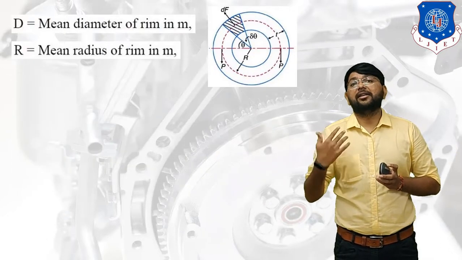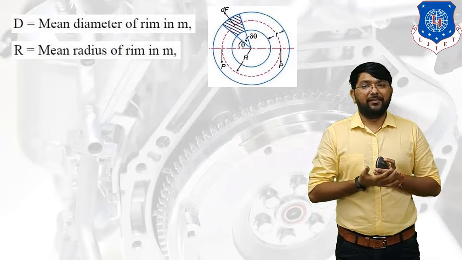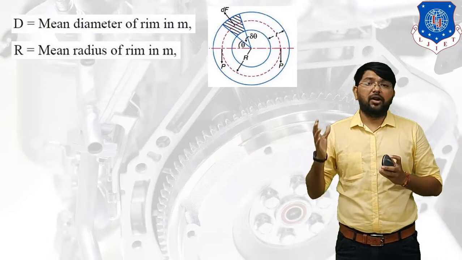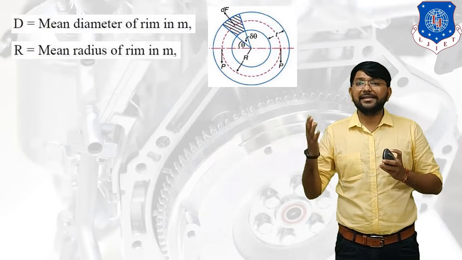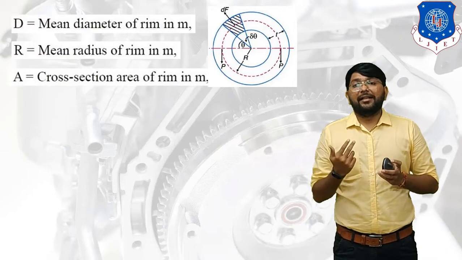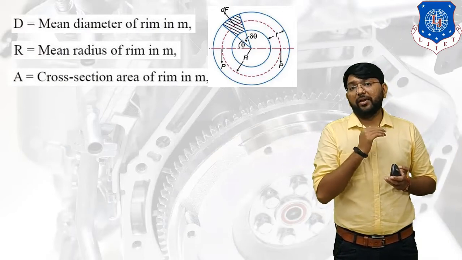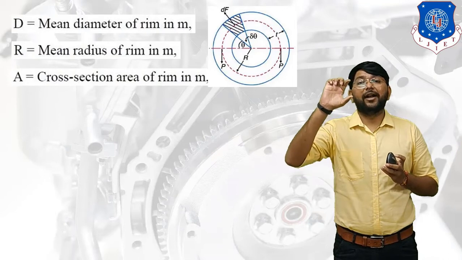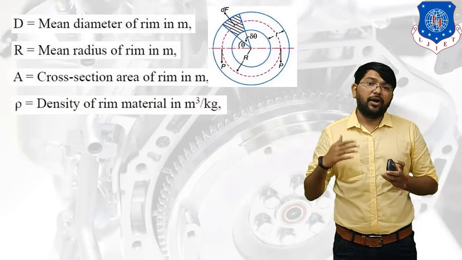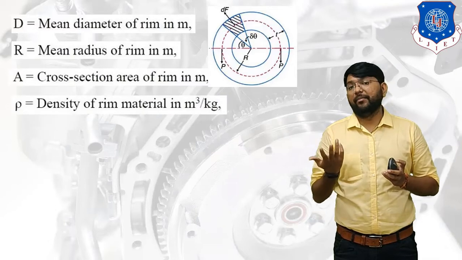First we have to understand some basic terminology of the flywheel ring. Capital D is the mean diameter of the flywheel ring. Capital R is the mean radius. Capital A is the cross-sectional area of the rim; if we cut the rim, there is a rectangle, and this is the cross-sectional area. Rho is the density of the rim material.